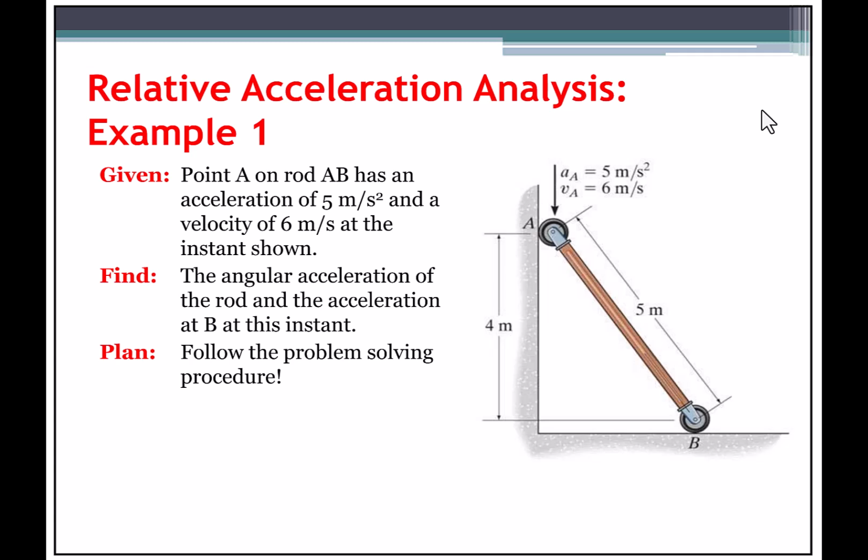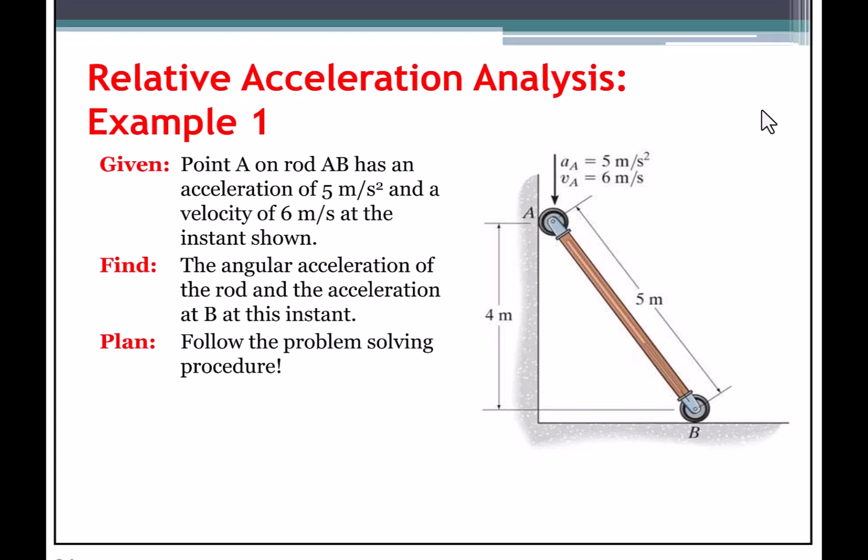For example, let's look at this example. It's a simple rod AB that has an acceleration of 5 meters per second squared and a velocity of 6 meters per second.